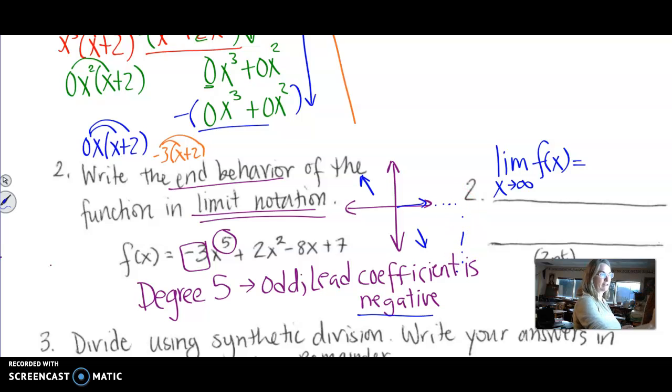The y values are going farther and farther down towards negative infinity. And conversely, the limit of f of x as x goes off in the other direction towards negative infinity, those y coordinates are going up, and so they are approaching positive infinity. All right.